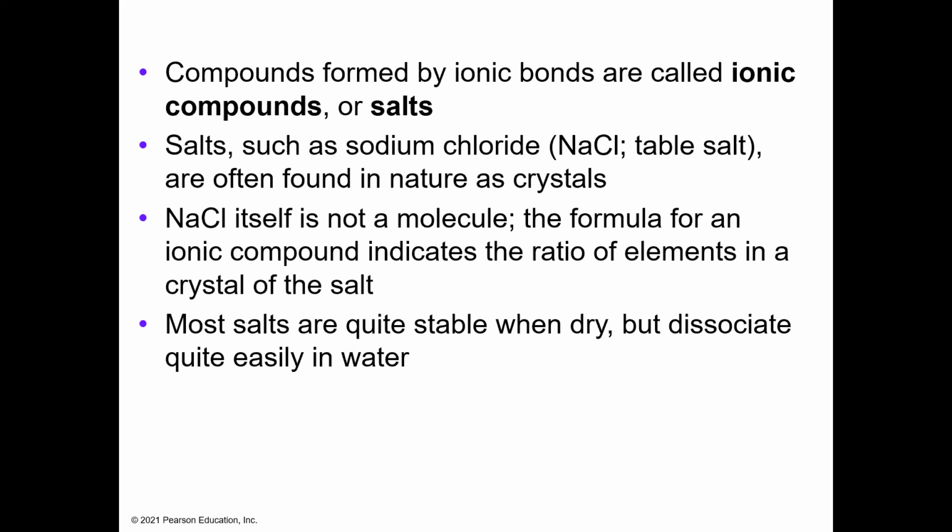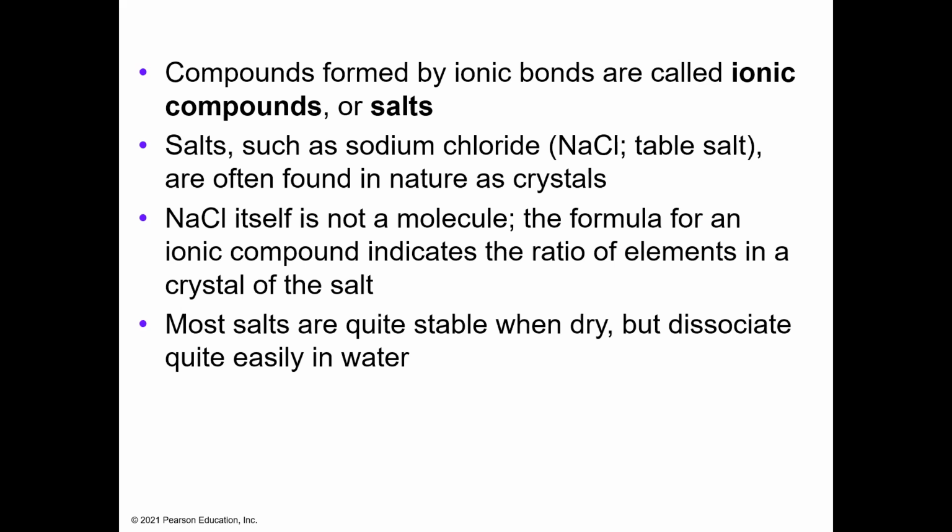Now, ionic bonds create ionic compounds, which are also called salts, such as table salt, often found in nature as crystals. A lot of the salts or ionic compounds found in nature, when dry, will be in a crystalline form.